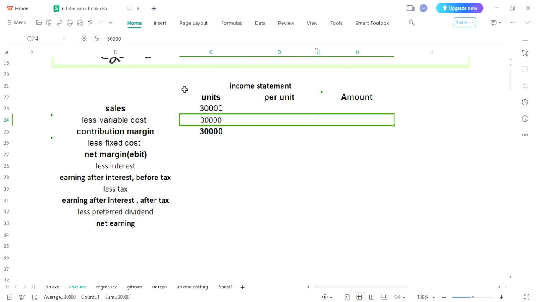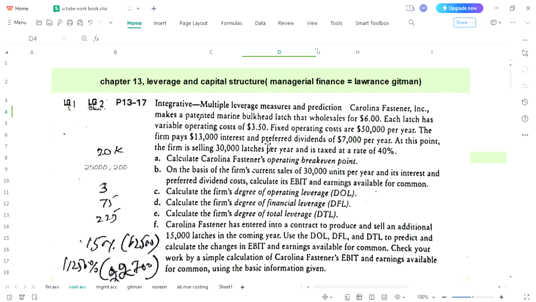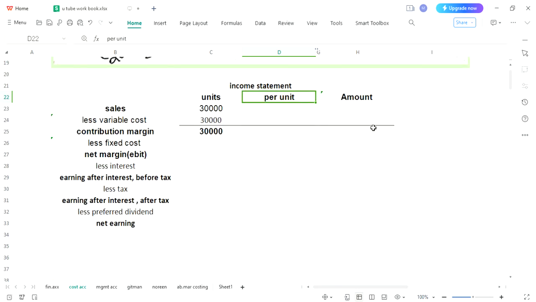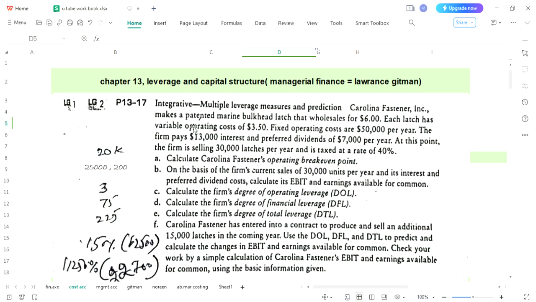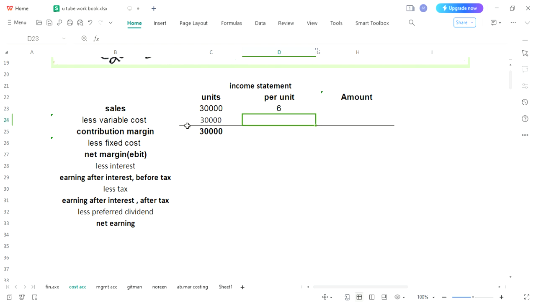At this stage our number of units is complete, and now let's see how much the per unit figures are. The latch wholesales at $6 per unit, the price at which these products are being sold, so write down 6. The per unit variable cost is mentioned as 3.5, so let's put 3.5 over here.